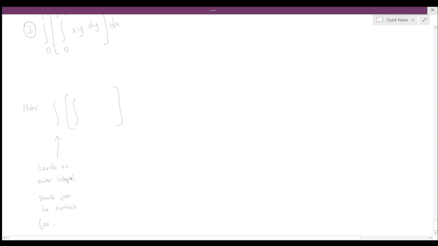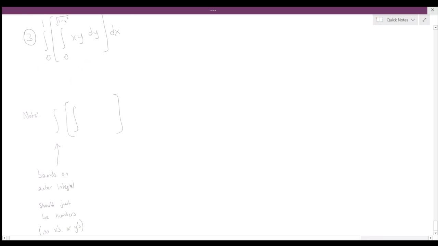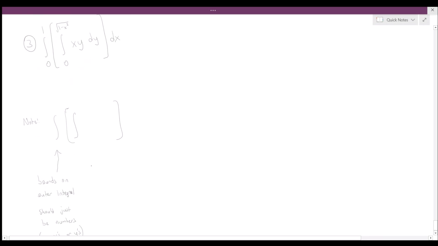So there should be no x's or y's in it. As you've seen, the bounds on the inside could have some variables in them, an x or a y perhaps.